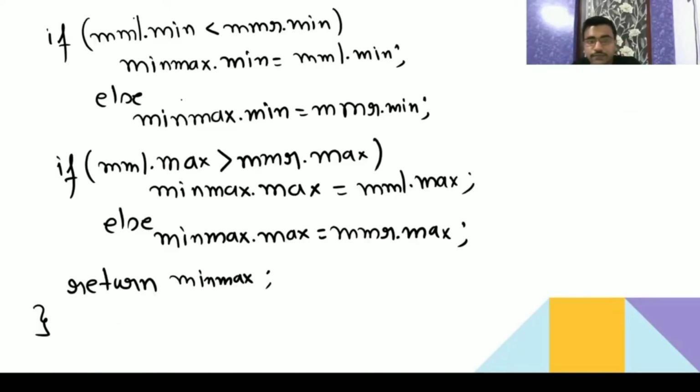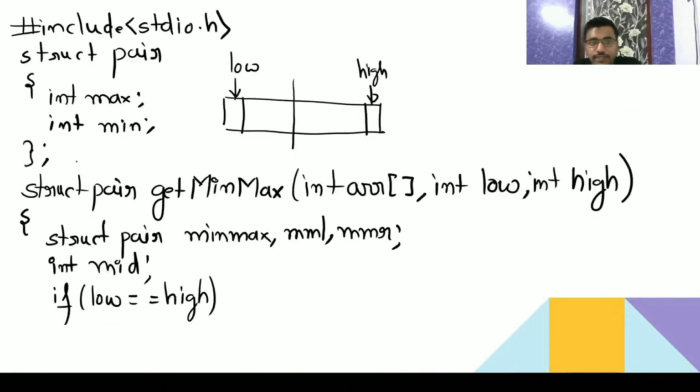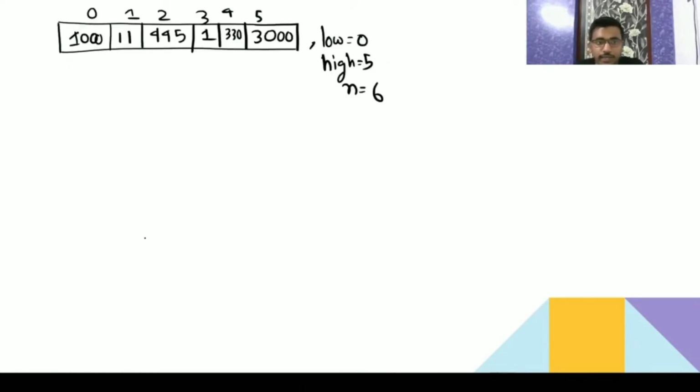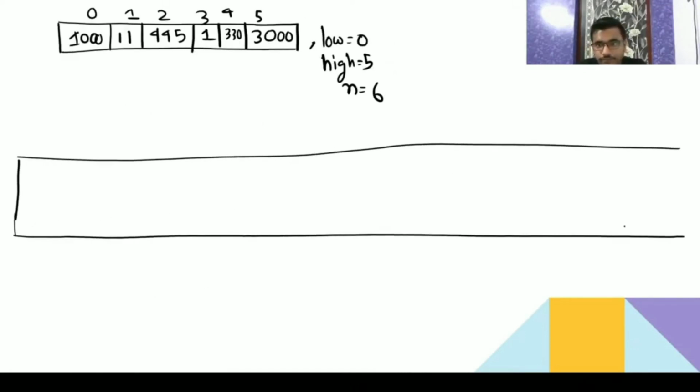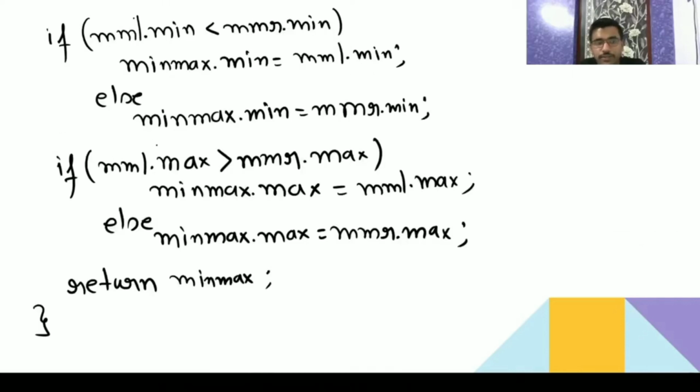Okay, first it says check whether it is having one element. So I am creating one array and doing the function call getMinMax, with the array, low as 0, high as 5.